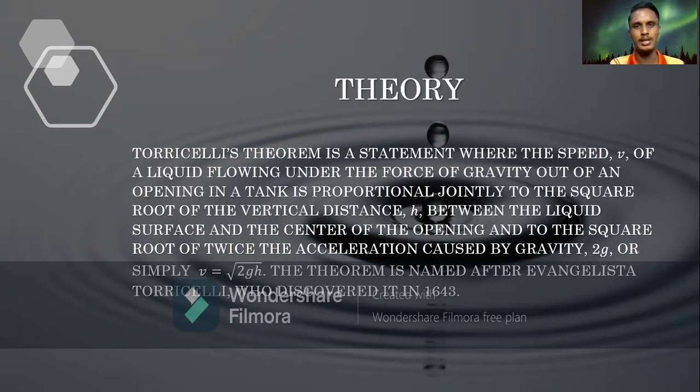Or simply, the Torricelli theorem is v equals the square root of 2gh. The theorem is named after Evangelista Torricelli, who discovered it in 1643.